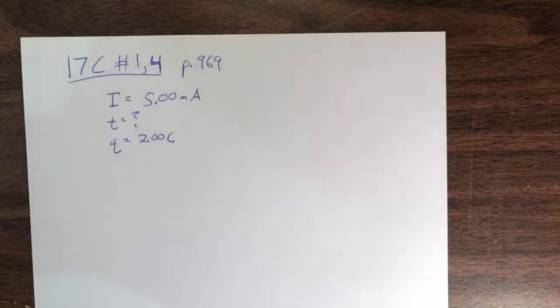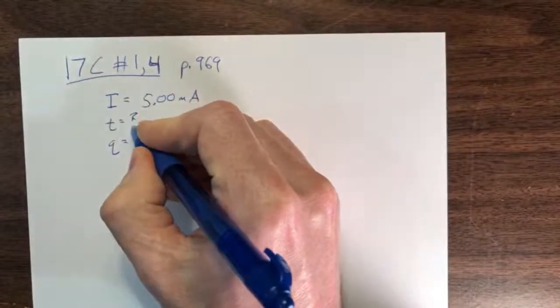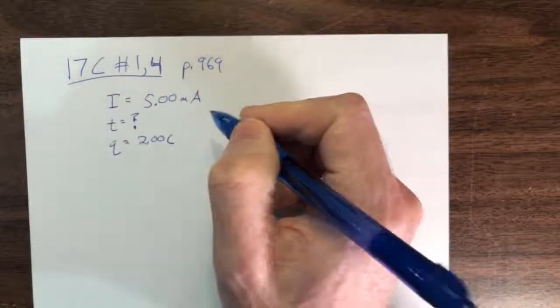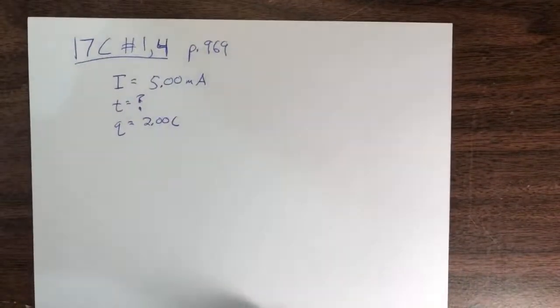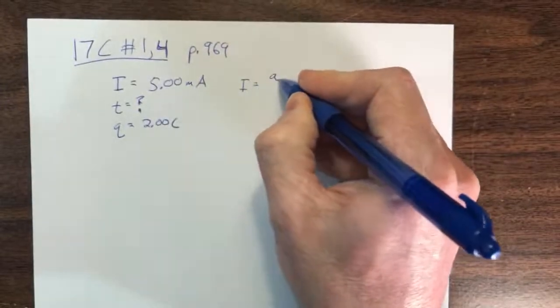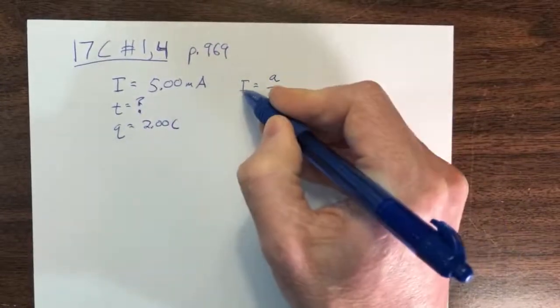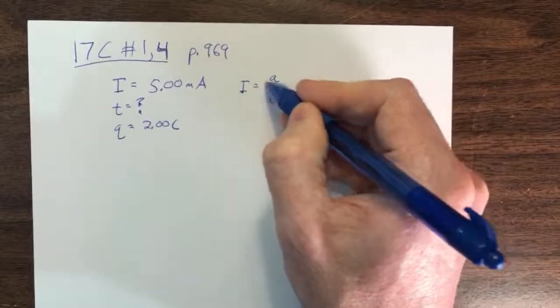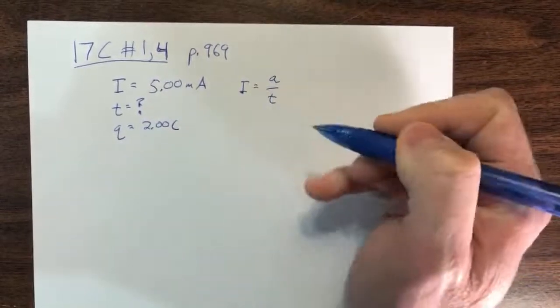Basically it just wants to know how long it takes for that amount of charge to go through. All right, so 5 milliamps, that's not a lot, but that's kind of normal for an electronic device. They don't typically use a whole lot of electricity, right? Especially if they're not big speakers or anything like that. And so we have the equation I is Q over T. So the current or flow of electricity is the charge that goes per time.